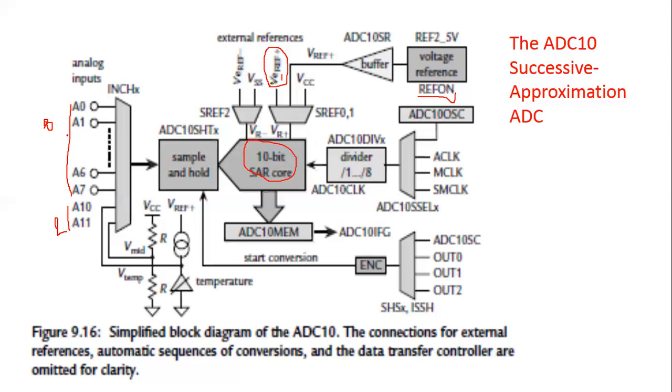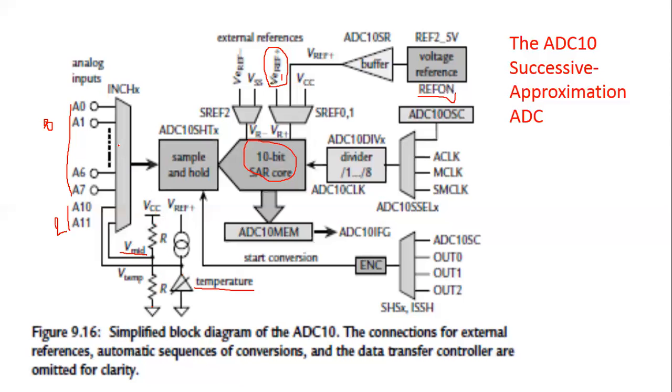So total 10. That's why the name is called ADC 10. 8 are the analog inputs and 2 are internal inputs. One is the temperature sensor, and another is the mid value. Mid value means VCC and VSS, with the value between them divided by 2, which gives the center value.